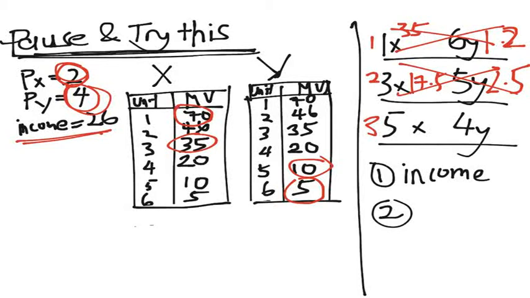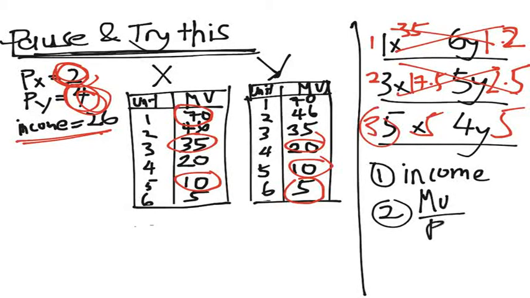Now let's look at the third case. 5X, 10 divided by 2 is 5, and 20 divided by 4 is 5. So for the third case, the marginal utility over price of X is equal to the marginal utility over price of Y. Right?